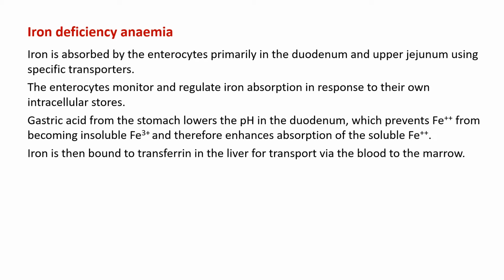Then, of course, everything that's absorbed through the GI tract is transported off to the liver via the hepatic portal system for metabolism or storage. So when the iron, the Fe2+, gets to the liver, it's bound to transferrin.